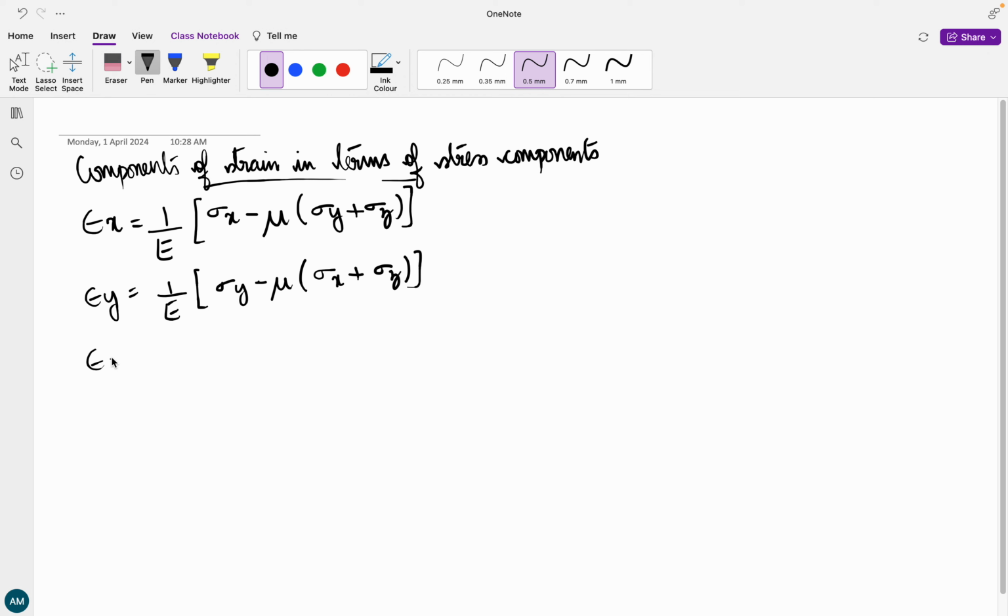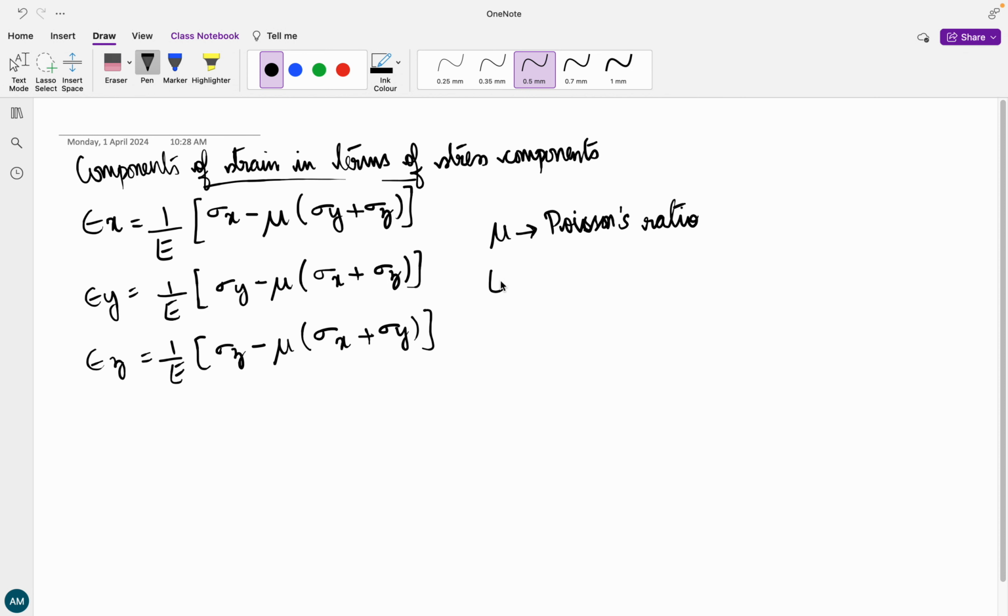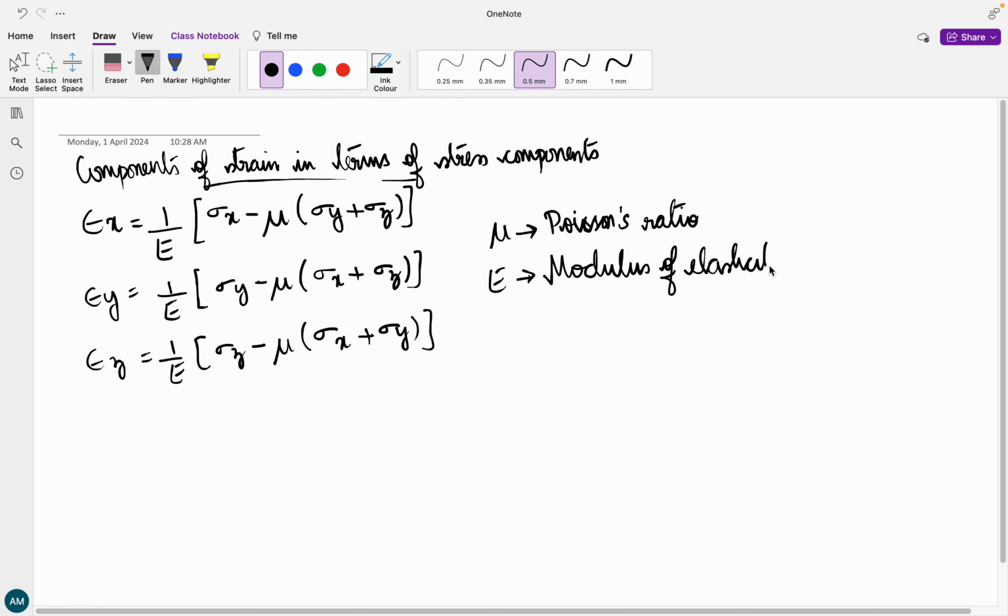The last one is epsilon z is equal to 1 by E sigma z minus mu times the other two components, x and y, summation of these two. So here mu is nothing but the Poisson's ratio, and E is nothing but the modulus of elasticity.